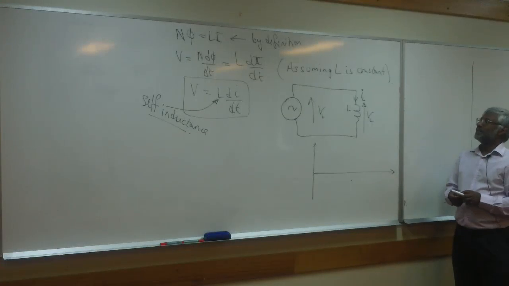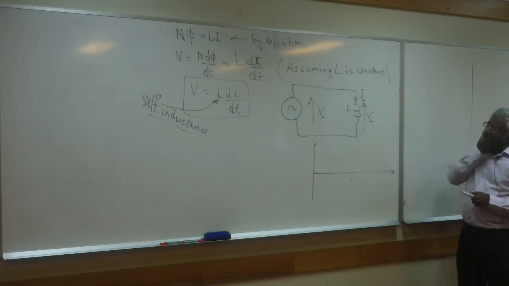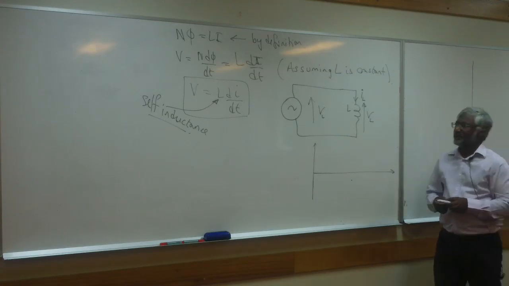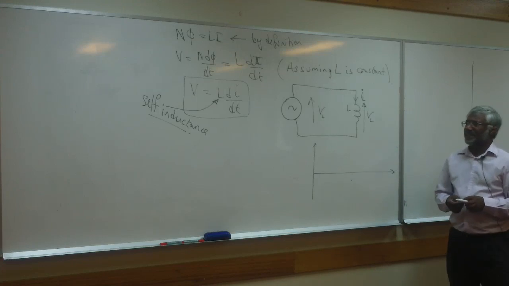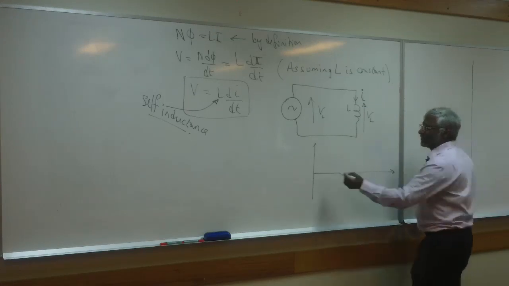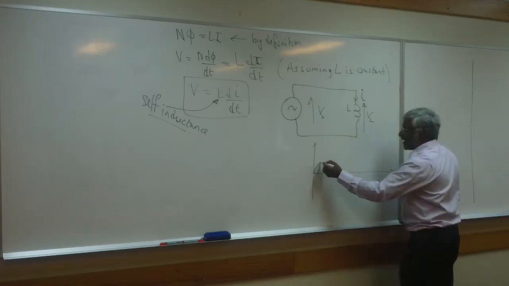You could draw the voltage and the current, and I would probably draw, which one would we make sine? We'll make it easy if we make the current sine. So, okay, so there's a current.